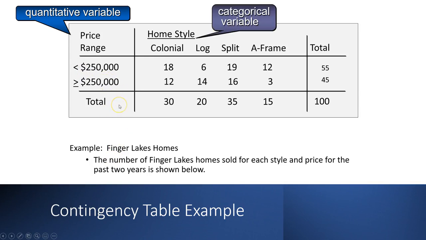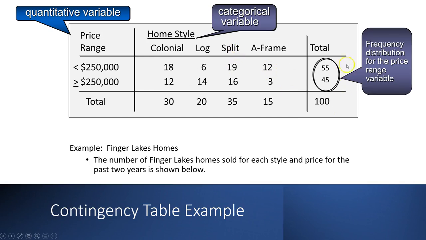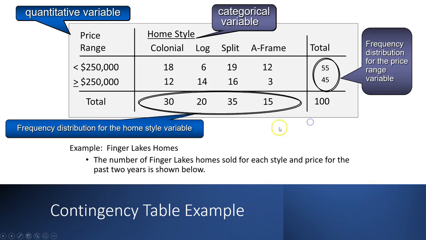We have a categorical variable, which are the 4 different kinds of floor plans or home styles offered by Finger Lake Homes. Here we've got our frequency distribution for our price range variable. And then down here across the bottom we have the frequency distribution for the home style variable. And then the individual cells in here are going to tell me how many observations meet the criteria for both categories.